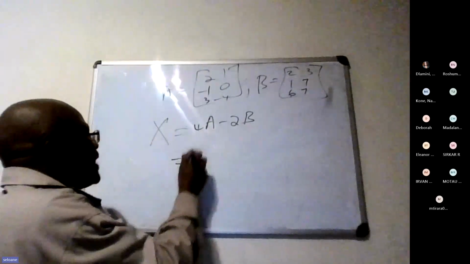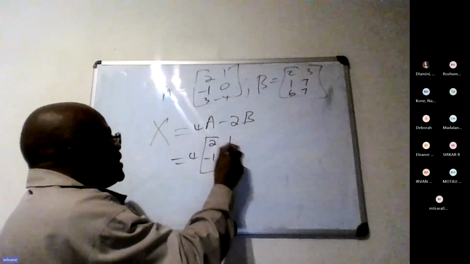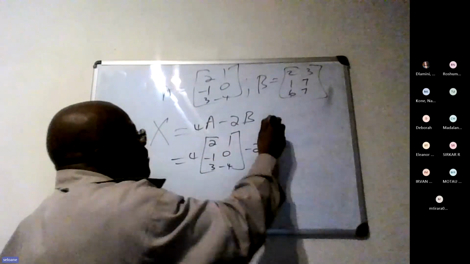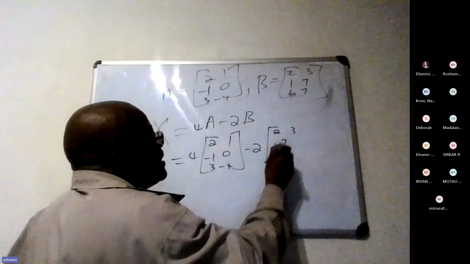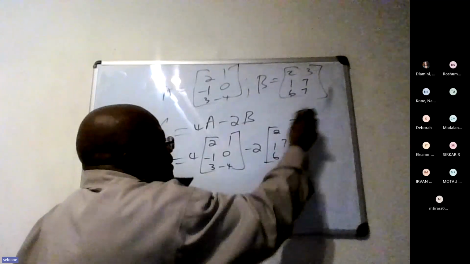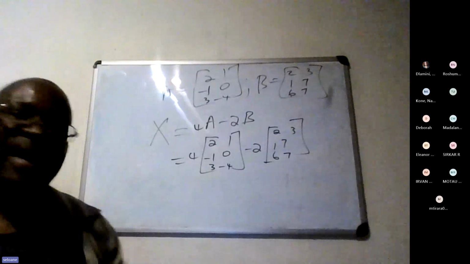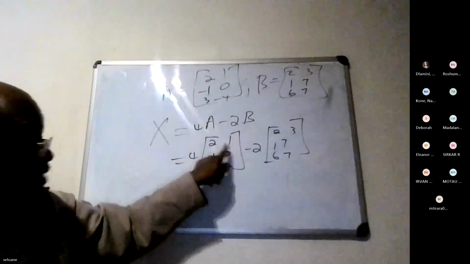And then this is straightforward. It will be 4 multiplied by 2, 1 here, minus 1 here, 0, then 3, minus 4, then minus 2 multiplied by this matrix here, which is 2, 3, 1, 7, 6, 7. Then from there, we know how to multiply a matrix by a real number. Here, 4 is going to multiply each entry of this.